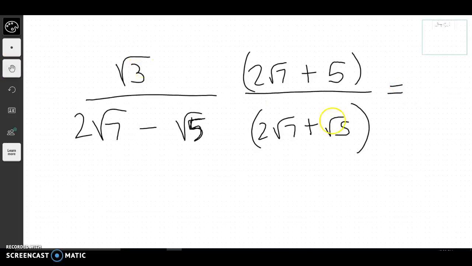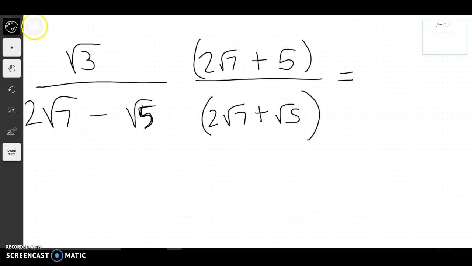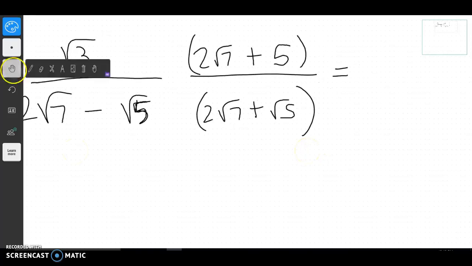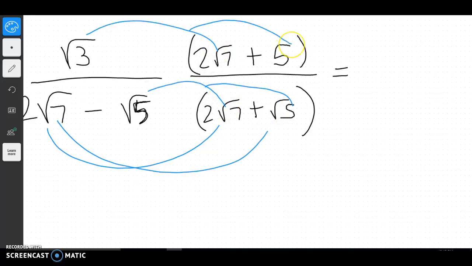We're going to go through and multiply, distributing those bottoms and distributing the tops. So we're going to distribute this here, and this here, and this here, and this here, and this to both. So let's do the top first this time. So I'd get 2 radical 21 plus 5 radical 3.